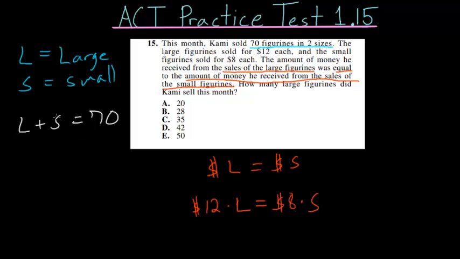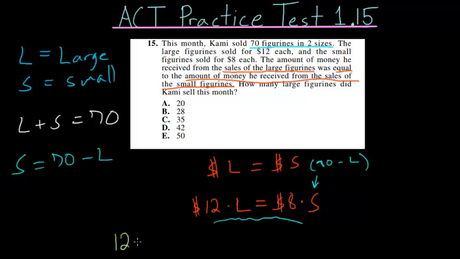And by solving for S, I'll essentially eliminate it. So to solve for S, I'm going to subtract L from each side, so that S is equal to 70 minus L. Now, going to my second equation here, anywhere I see an S, I'm going to replace it with this 70 minus L. So let's rewrite this equation, but now with S replaced with 70 minus L.